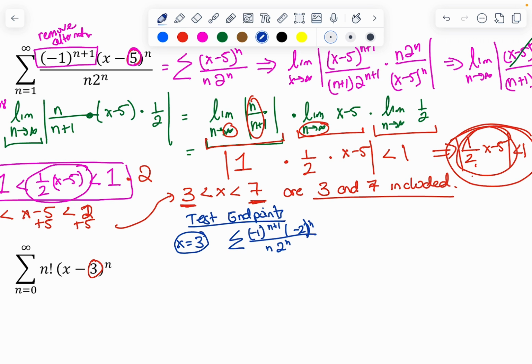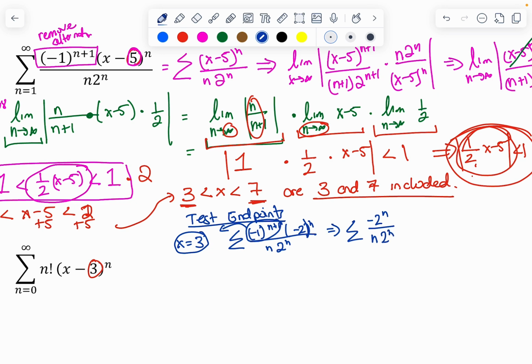When you do test this, you notice that this is an alternator. So we're going to remove the alternator, and we're going to have the series of (-2)^n over n·2^n.